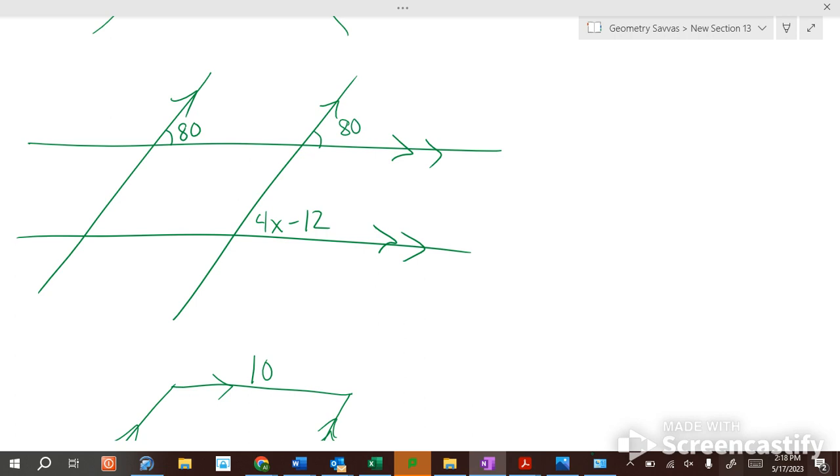And this angle corresponds with this angle, so what do we do to solve for x? Set 4x minus 12 equal to 80. So 4x equals 92, divided by 4, x equals 23.